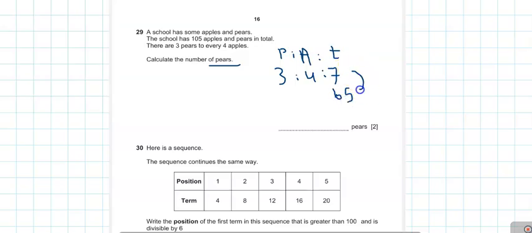How does 7 become 105? You can make a simple division, so it's 15. So 3 times 15 is 45, and 4 times 15 is 60. This is one of the methods to solve a ratio problem. So we have 45. Last question.